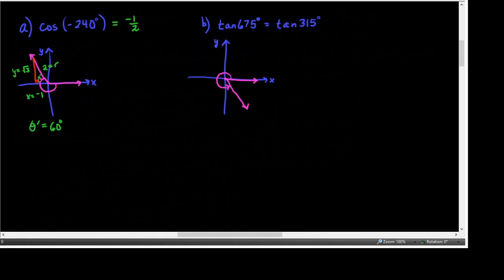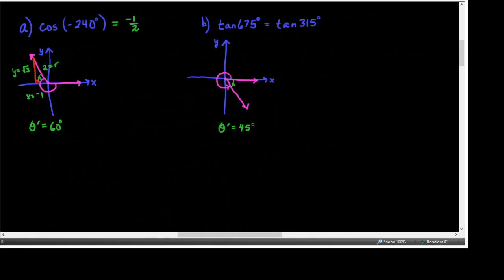And the question I have is, well, what is the reference angle? And we did say it. It's how much further do we have to go to get from 315 to 360, and that was 45 degrees. So that's a 45 degree angle.